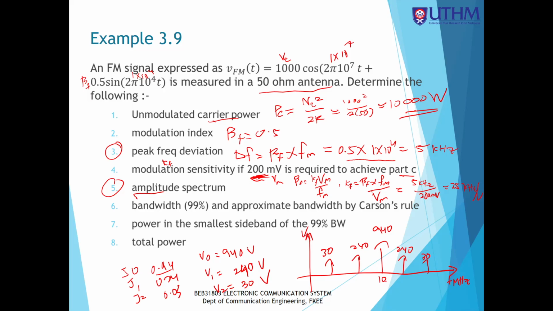So this is FC plus FM, 10 mega plus 10 kilo, so this is 10.01, 10.02, and this is 9.98, 9.97 mega. So FC plus FM, FC plus 2 FM, FC minus FM, FC minus 2 FM. Okay, so I draw this spectrum.